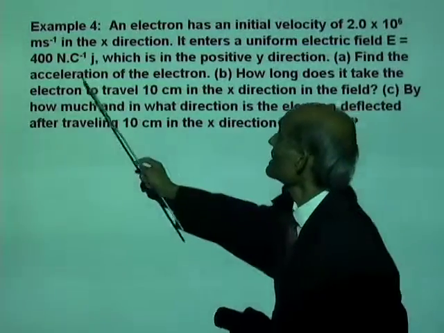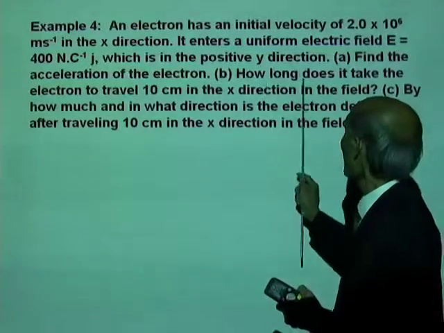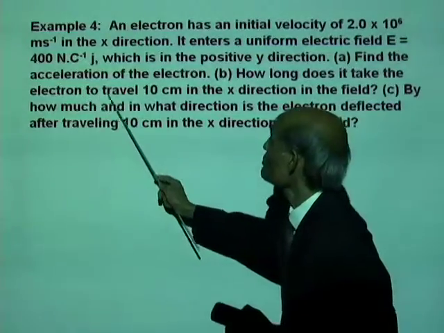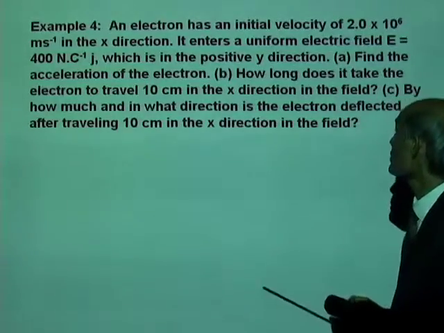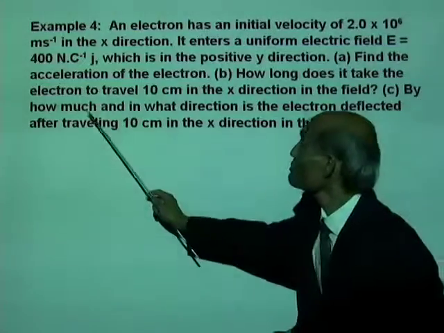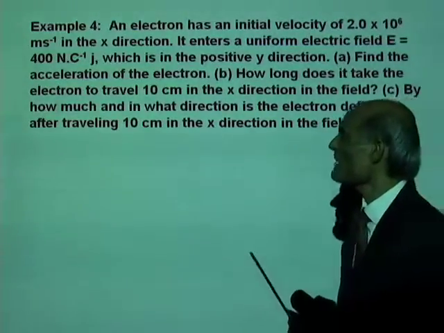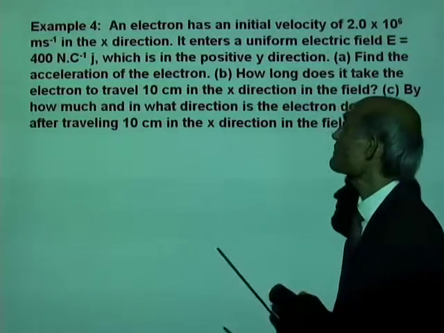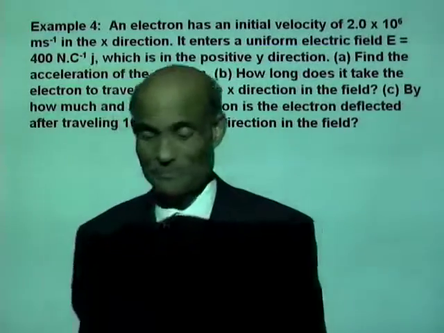A. Find the acceleration of the electron. B. How long does it take the electron to travel 10 centimeters in the x direction in that field? C. By how much and in what direction is the electron deflected after traveling 10 centimeters in the x direction?